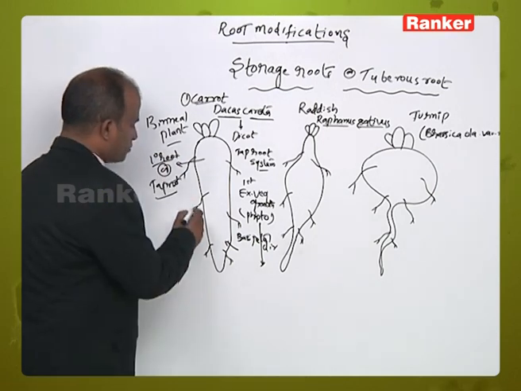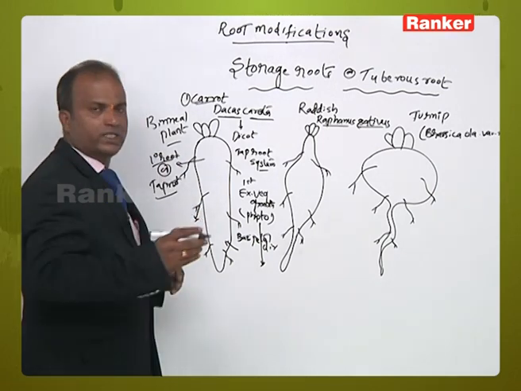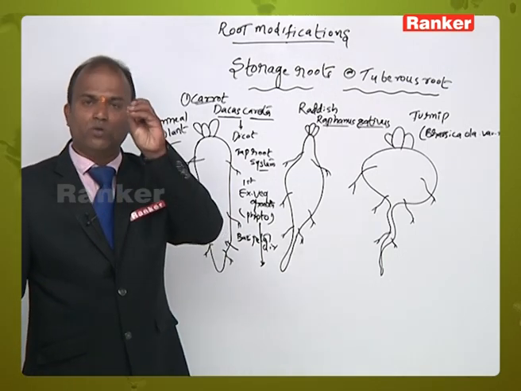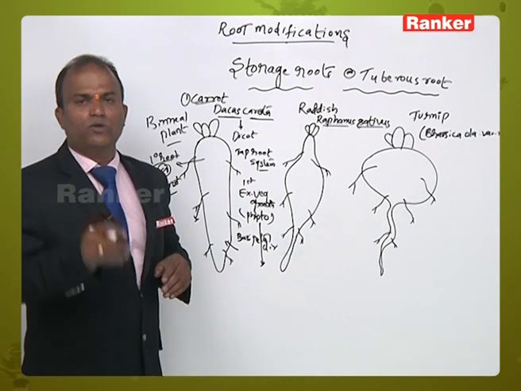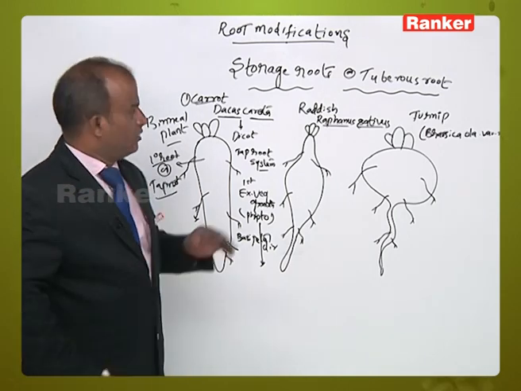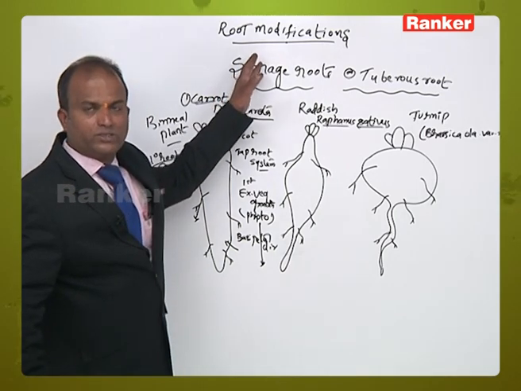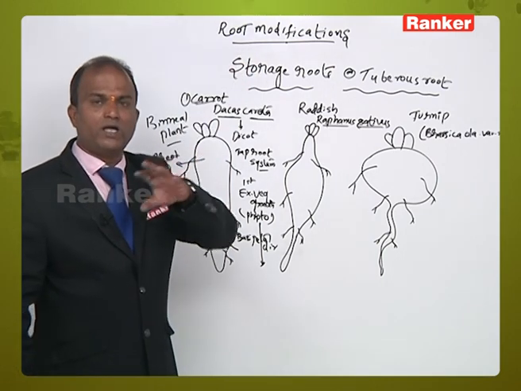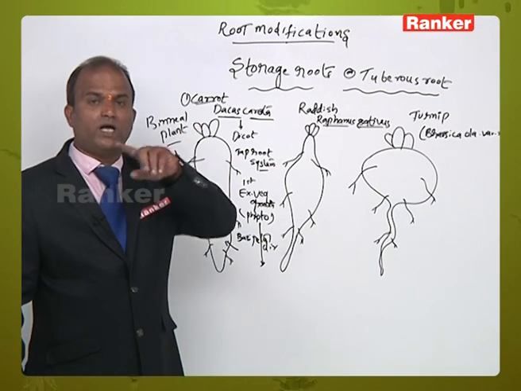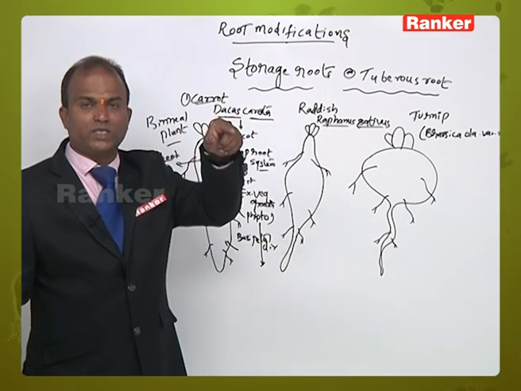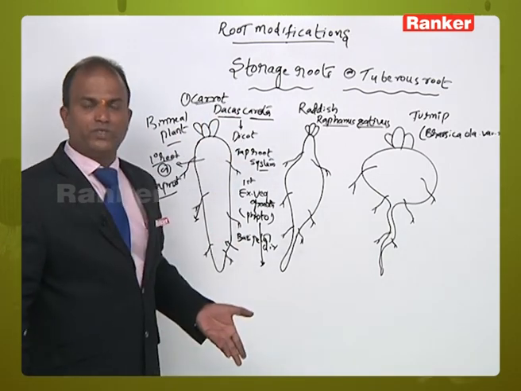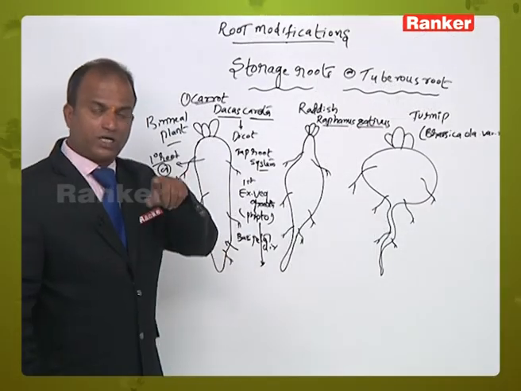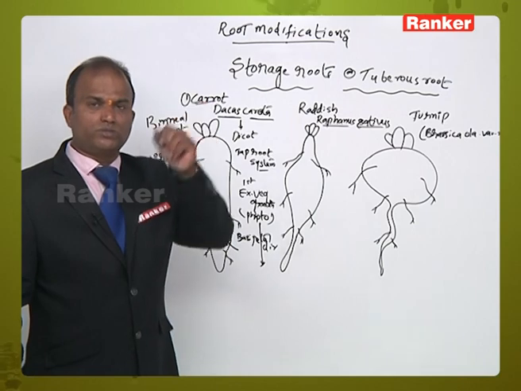The lateral roots, rootlets and root hairs perform their older function of absorbing water and minerals. That is modification, as I already told you. What is meant by modification? A part of a root undergoes modification to perform a new function, storage of food, apart from the older function of absorption of water and minerals, suitable to the new environment.